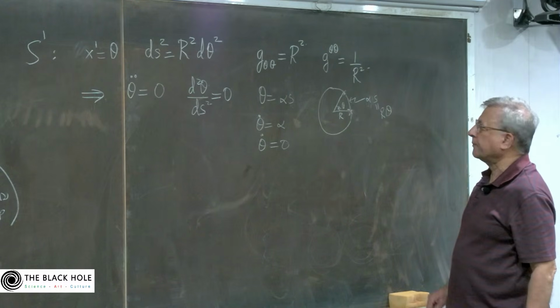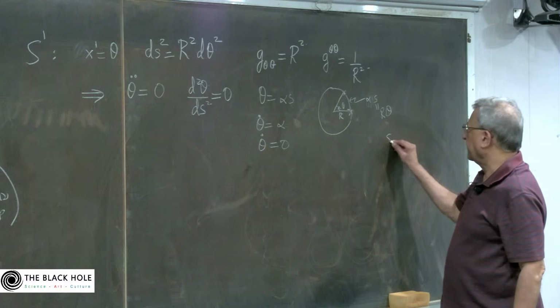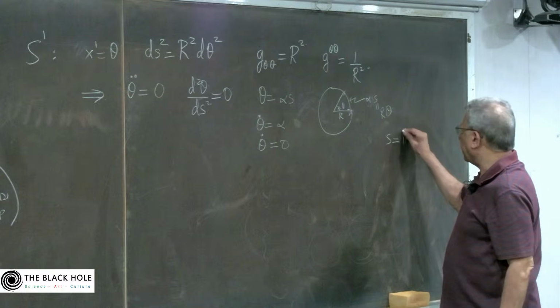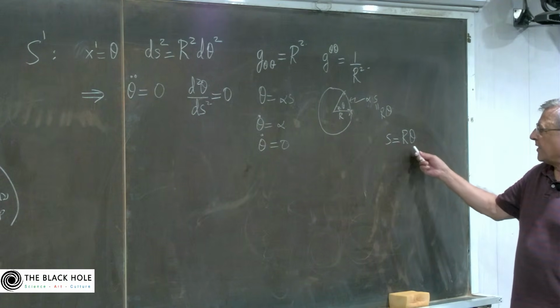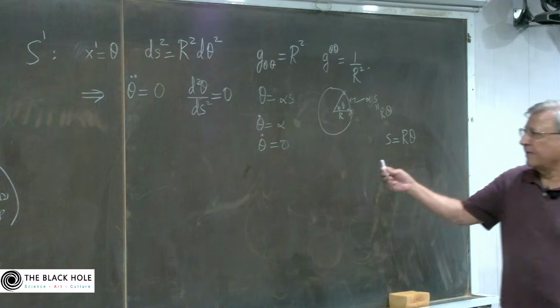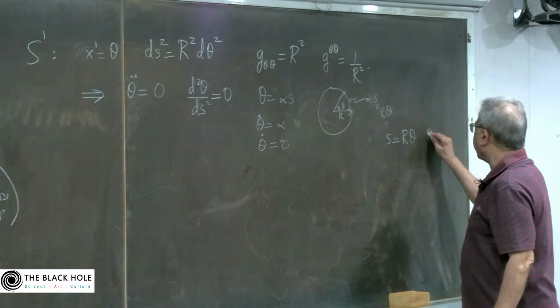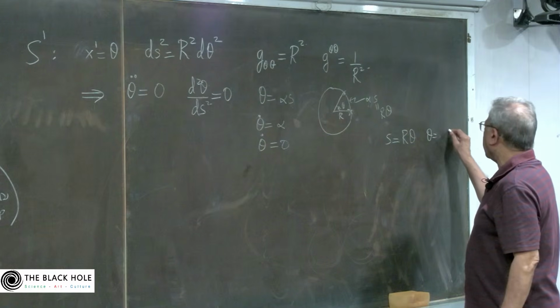Then alpha should be 1. Yeah, sir, alpha S should be the arc length. So look, S equals R theta, or rather we should write it this way: theta is equal to S over R.